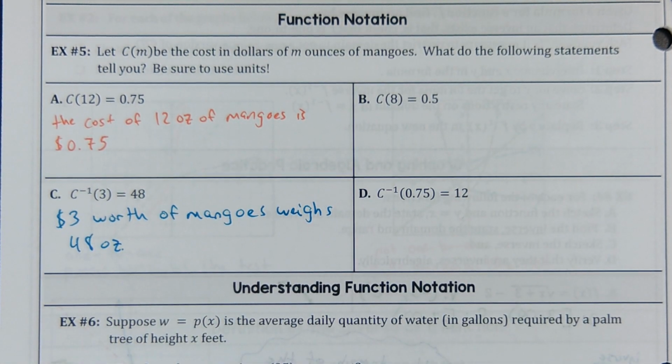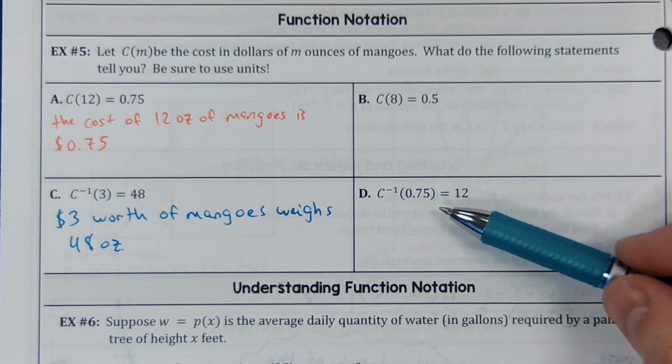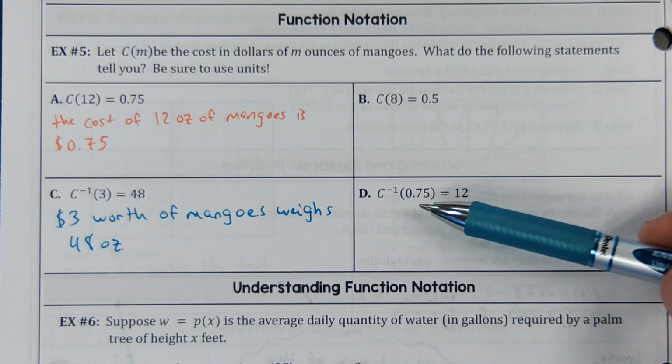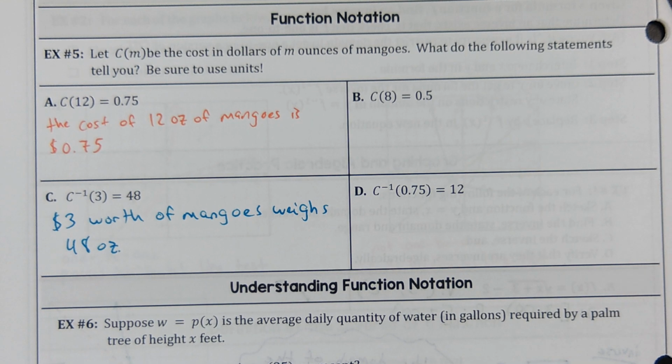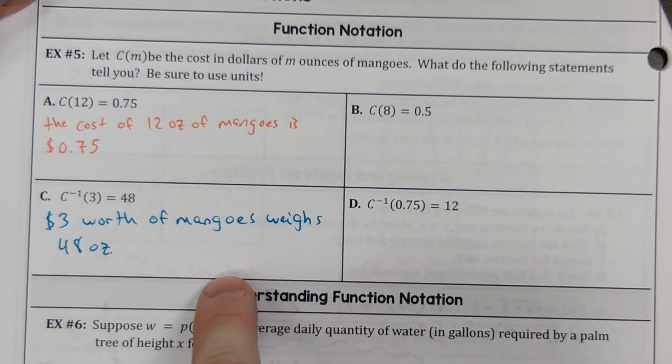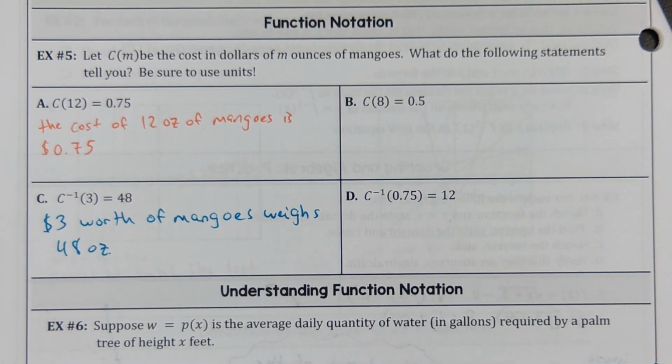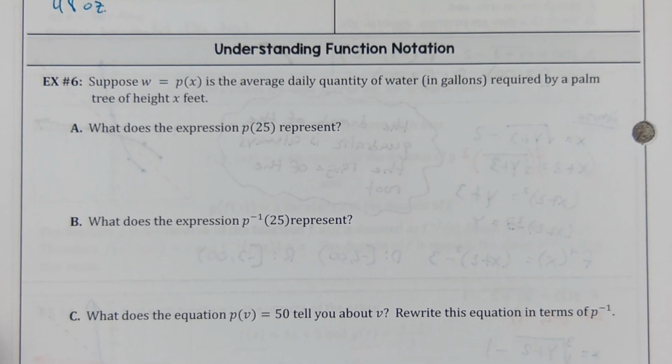And likewise, this will say 75 cents worth of mangoes weighs 12 ounces, which of course we already know from what we have there in orange. Cool. Everybody comfortable with those? How inputs and outputs are switching? And okay with describing it in words? Yes. Awesome, because here we have a frustratingly large amount of words.